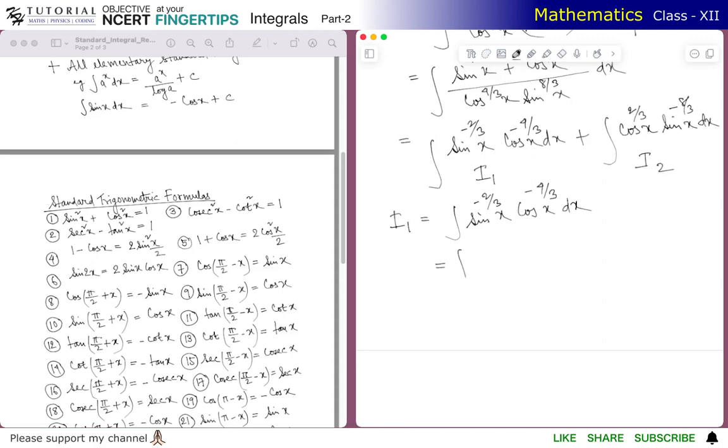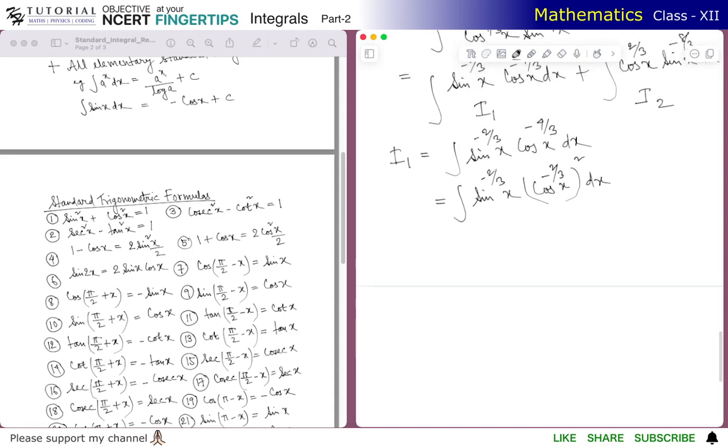So this is basically sine to the power 2 by 3x and cos x, this is square, minus 1. Sin x into minus sin x, minus 1.